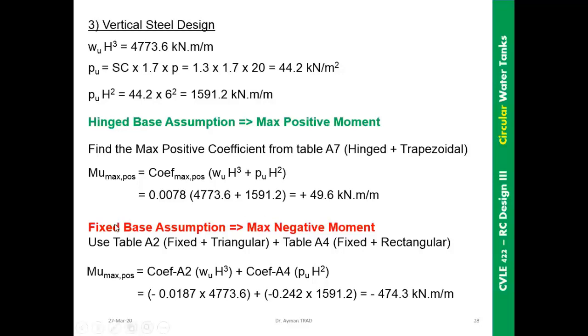So we can look directly at the coefficient at the base from table A2 and the coefficient at the base from table A4, and do superposition. So the moment equals coefficient times W ultimate H cube from table A2 plus coefficient times P ultimate H square from table A4. This is the triangular part and this is the rectangular part.